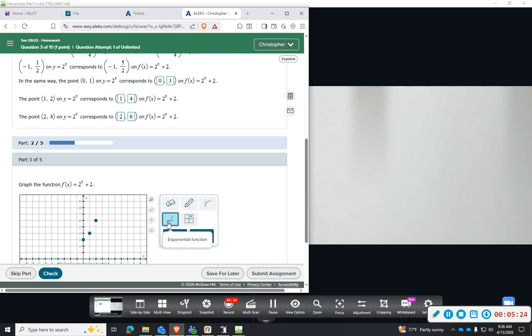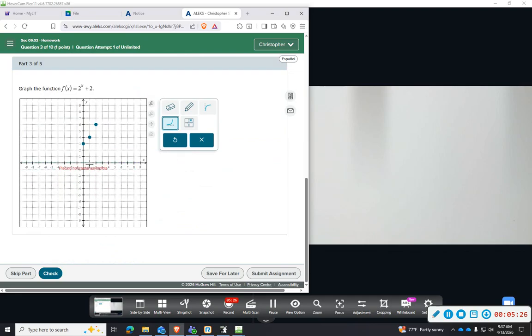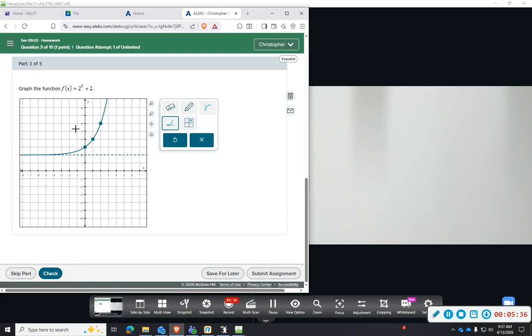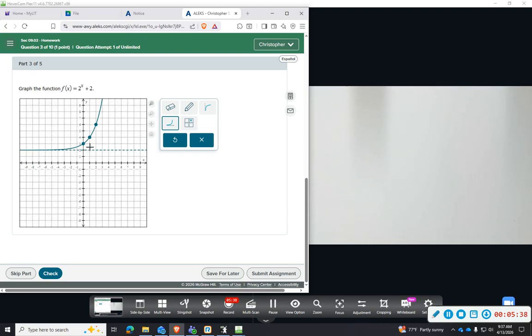And then the asymptote is going to be at 2. It makes you put the asymptote. The asymptote is normally 0, but because of this +2, it gets shifted up 2 units, and then it curves up through those points.